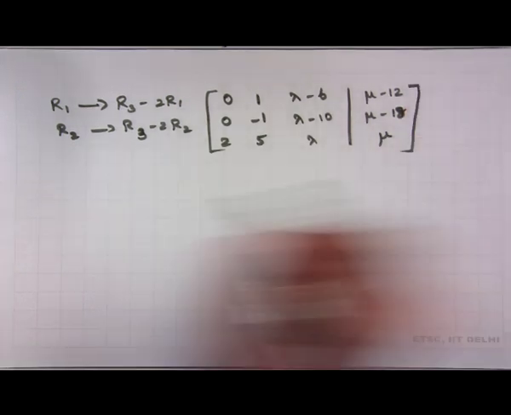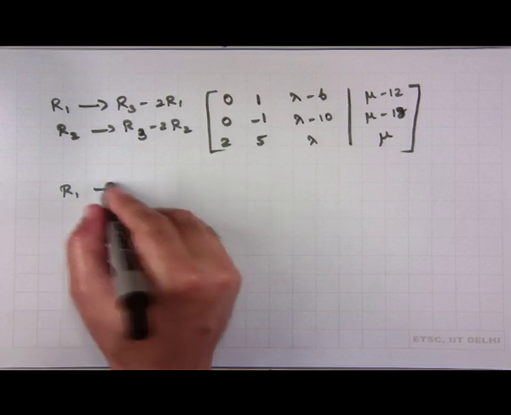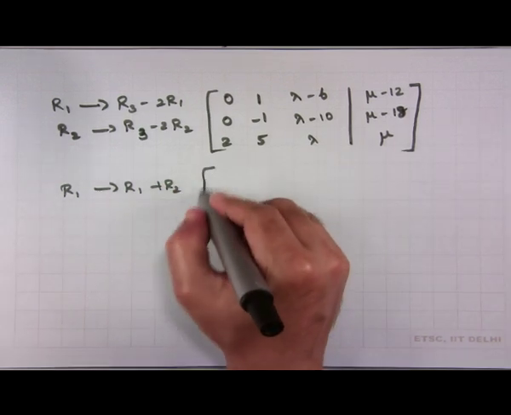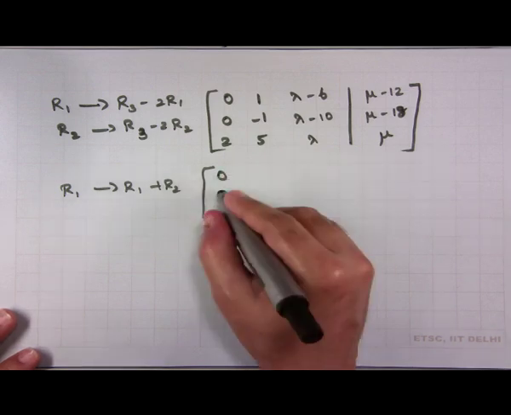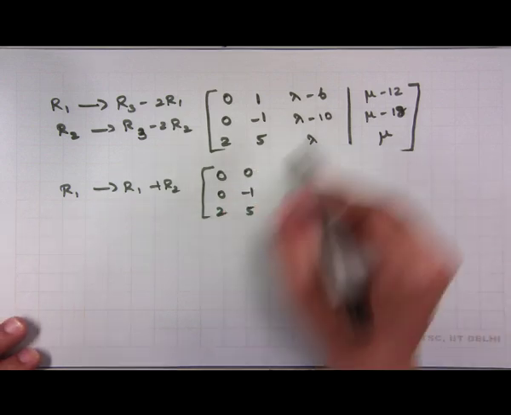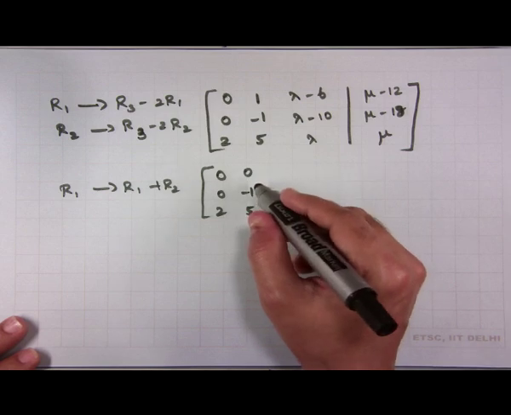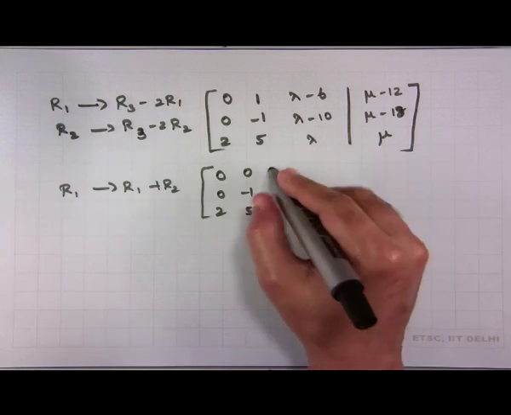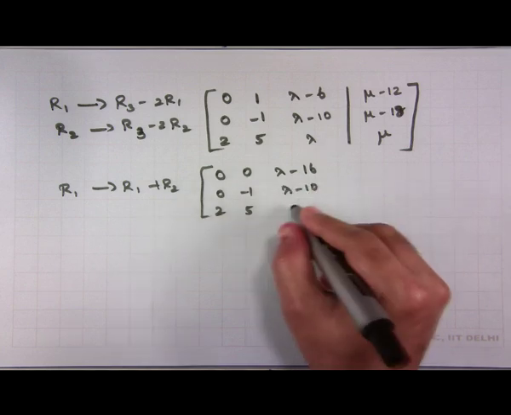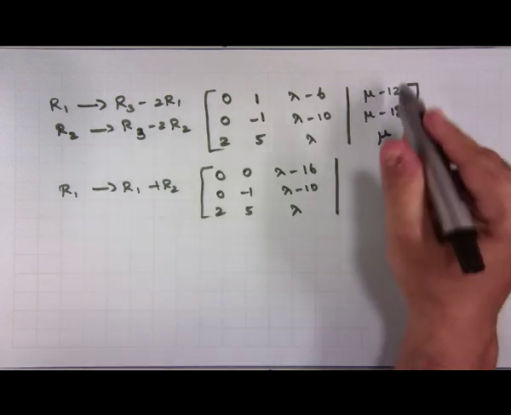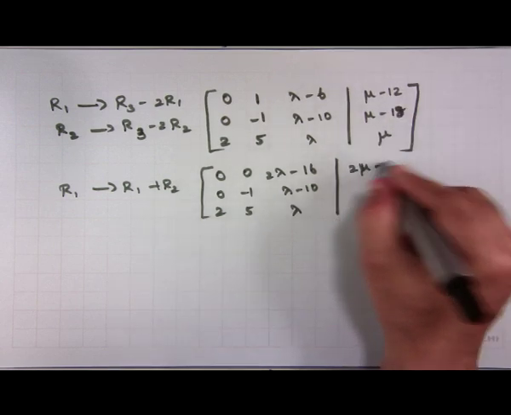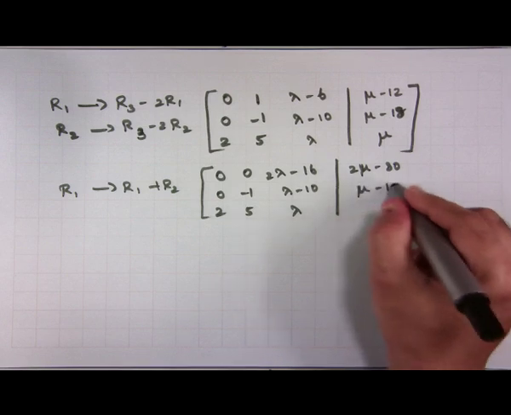Now, let us replace R3 by R3 minus R2. The first column is 0 0 0, and then you have 0 1 2 minus 0 1 2. So, what you will have is lambda minus 8 and mu minus 15.